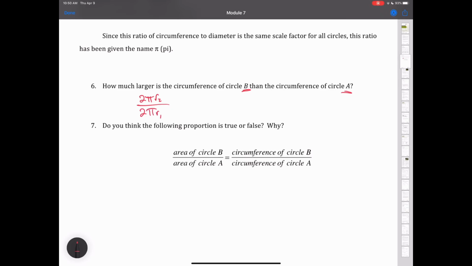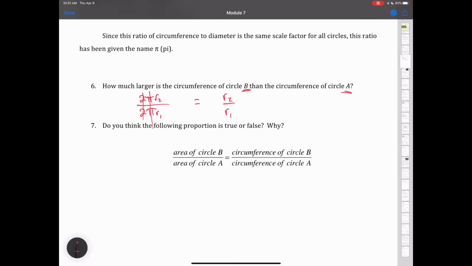So I'm just dividing one by the other to find the scale factor of the circumference specifically. Again, 2 divided by 2 is 1. Pi divided by pi, even though it's irrational and goes on forever, is still 1. And so how much larger the second circle's circumference is, is just R2 divided by R1.